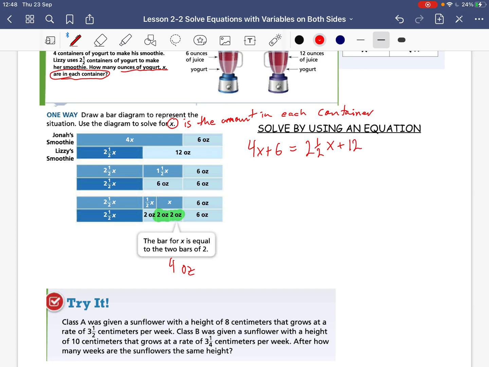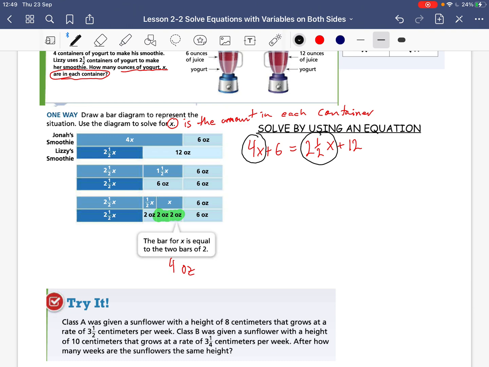Okay, so that we can set that up. Now, to solve our equations, we need to get our terms on the same side. So we need to get that variable on the same side of the equation. So we can see that 4x and 2.5x are like terms.